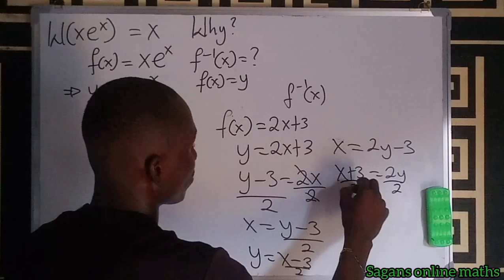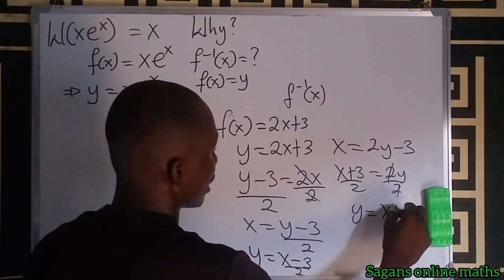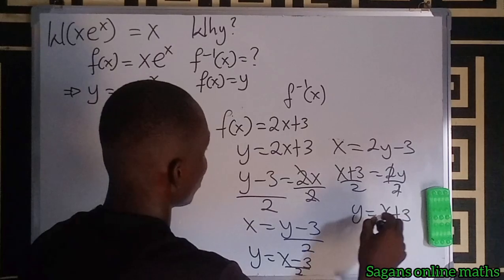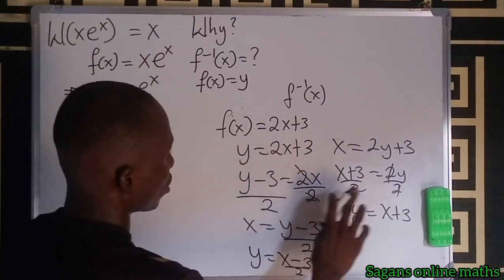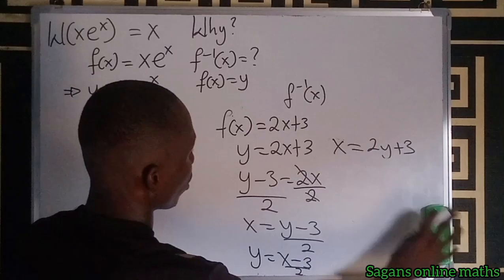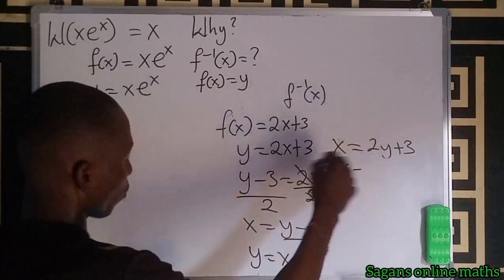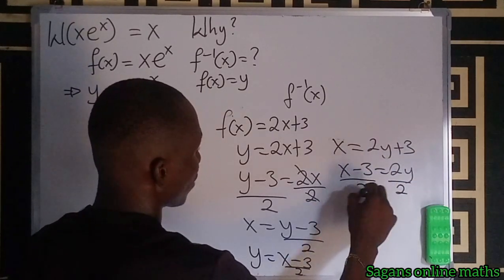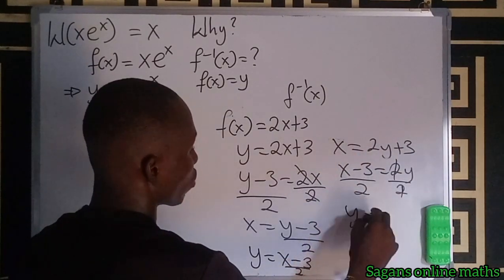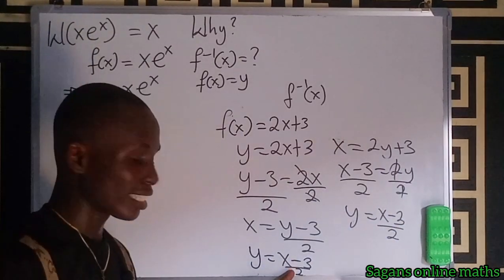Divide by 2, divide by 2. 2 goes, so y is equal to x minus 3 divided by 2. Sorry, it was plus 3, so when it comes across it becomes minus 3. And it's the same thing as this.